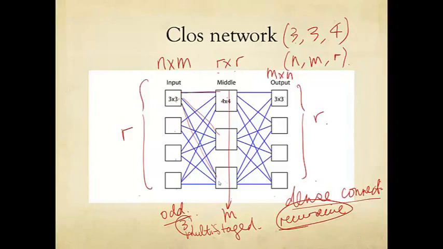So that's the trade-off. Back to this example, we have a 3-stage 3-3-4 Clos network. In general, you can have a 3-stage n-m-r and then recursively expand that so that it starts to use smaller and smaller switches. This is such a rich connectivity pattern that it has become a very useful tool in all kinds of study around interconnection networks.